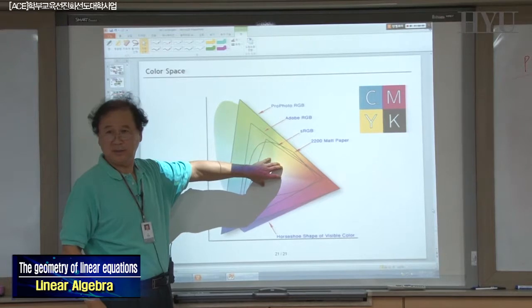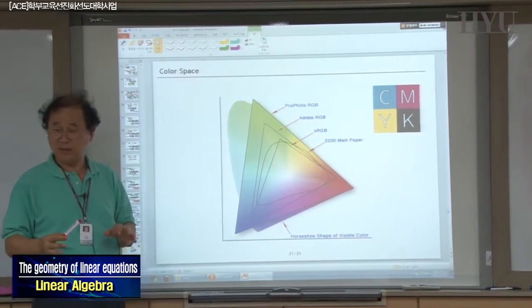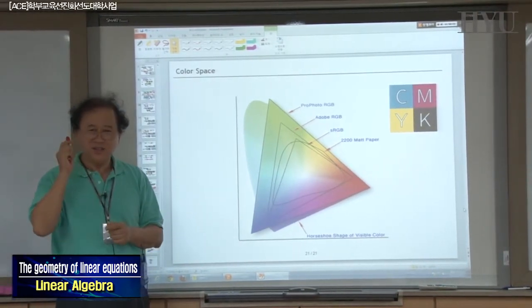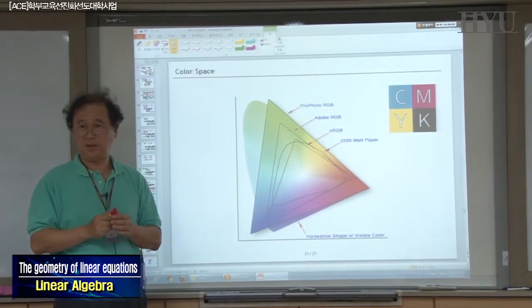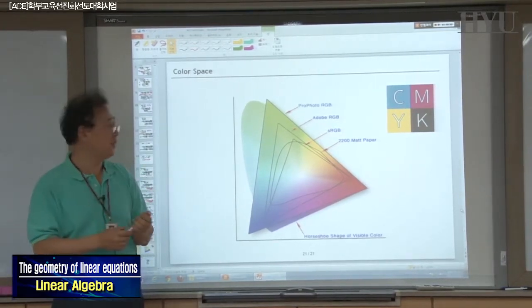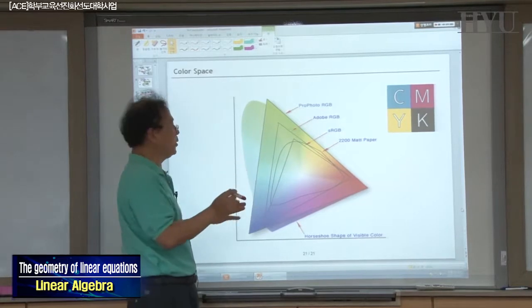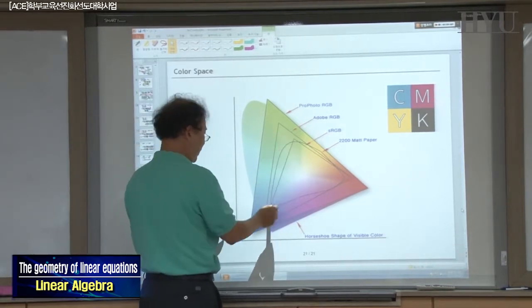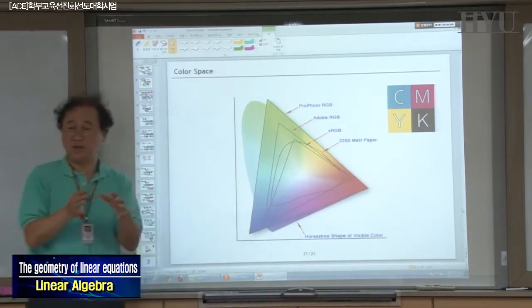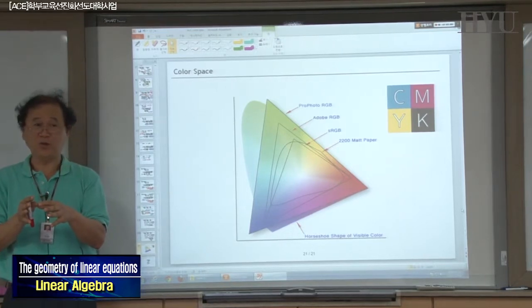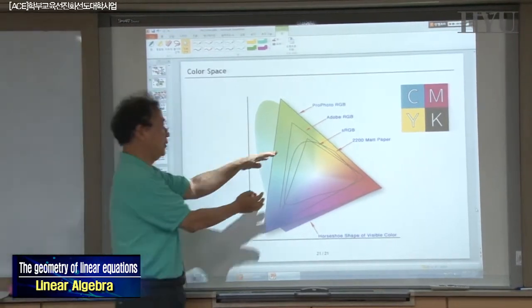Okay? Like fluorescent materials, whatever. Like red is not real red. Okay, OLED or LCD. Actually, depending on the company, some company has this point, that point, then coverage is narrow, right? Or you can make it bigger.